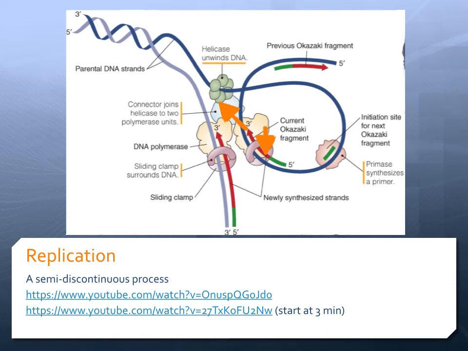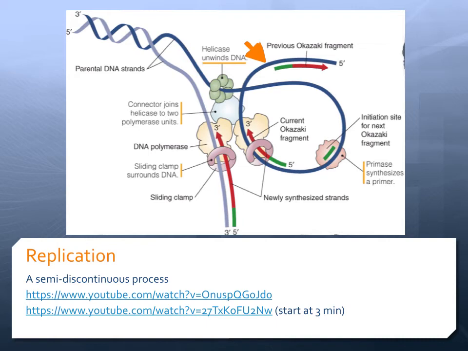And of course, once this fragment of DNA is synthesized on a long enough piece, it will meet with the previous fragment of DNA that had been synthesized in a previous round of replication, a previous round of looping like that. And these fragments of DNA synthesized discontinuously are called Okazaki fragments.